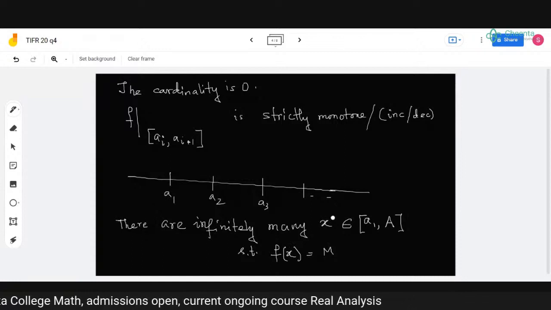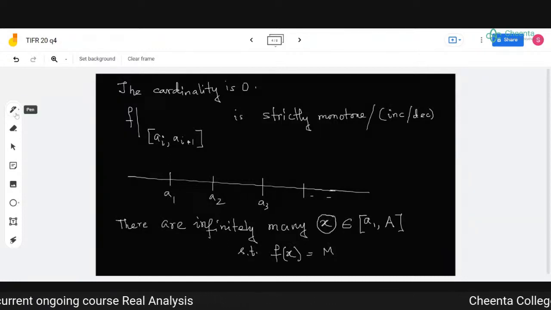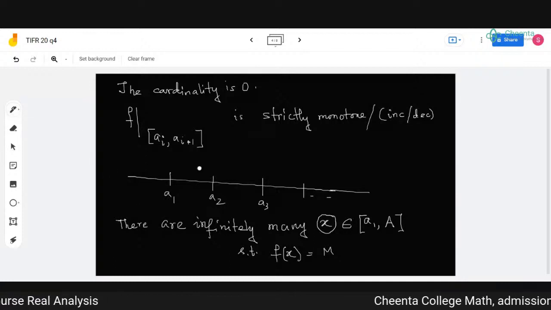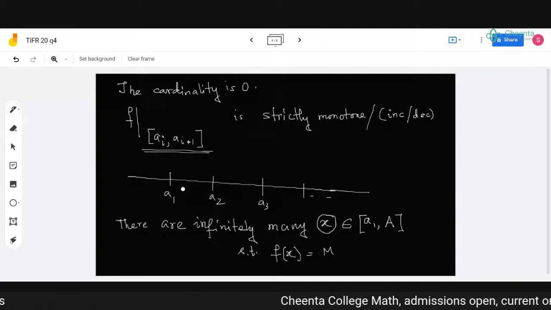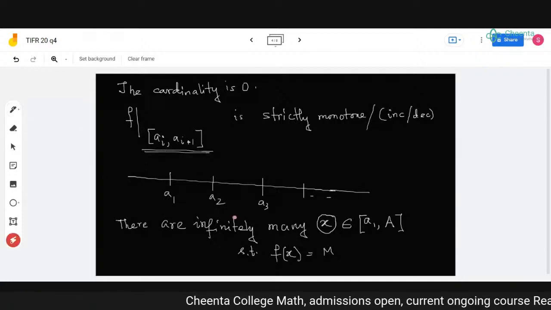Then all these x have to lie in different intervals. Okay, so let me say that again.